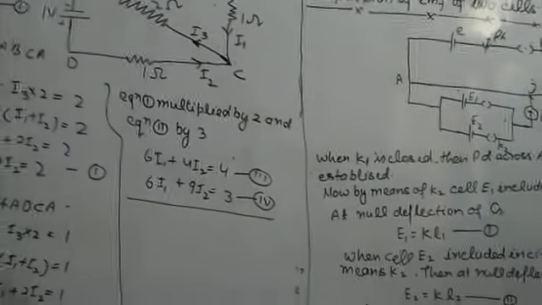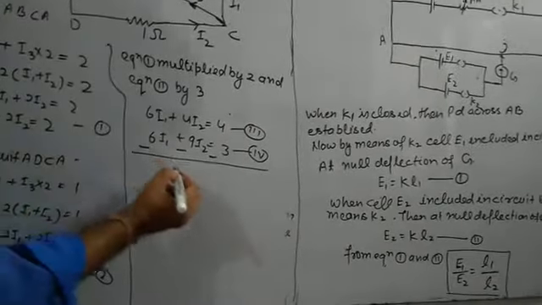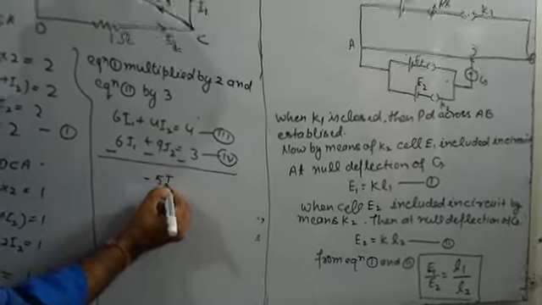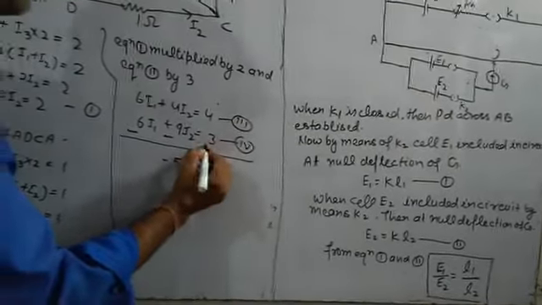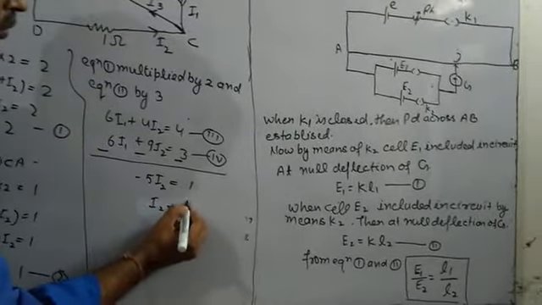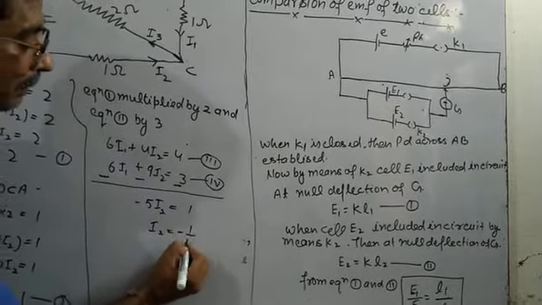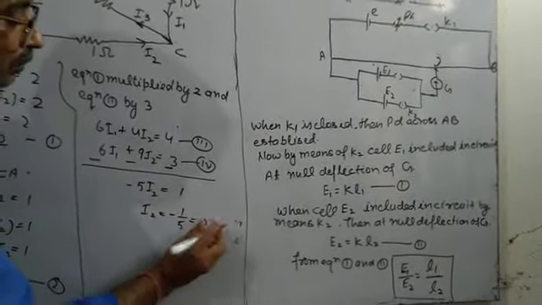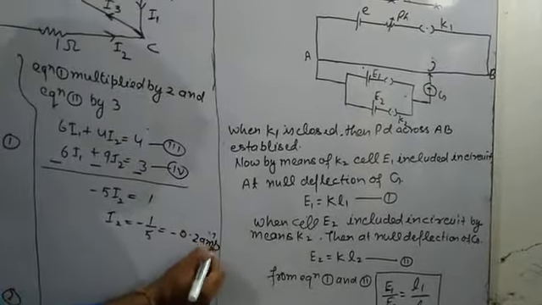Now subtracting, minus 5I2 equals 1, so I2 equals minus 1 by 5, that is minus 0.2 ampere.